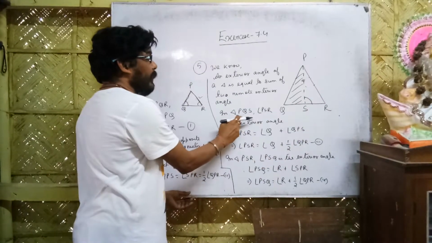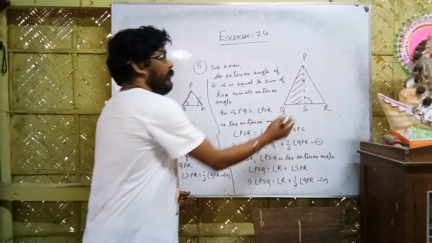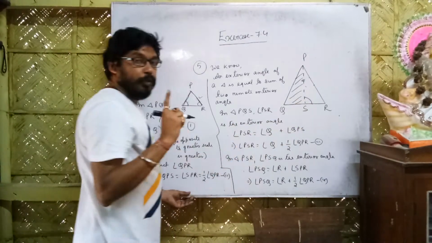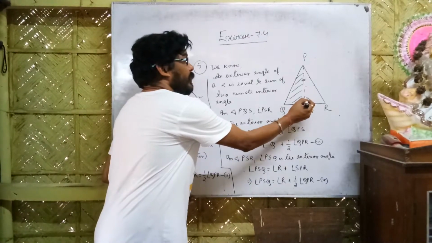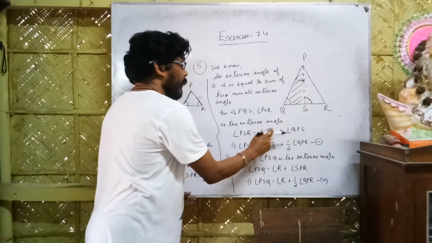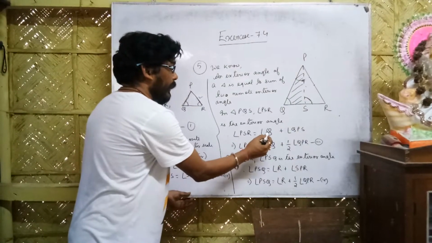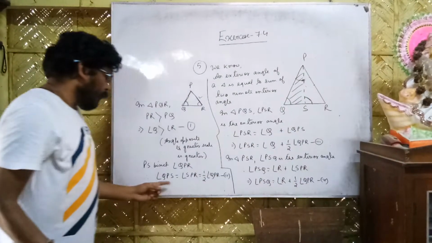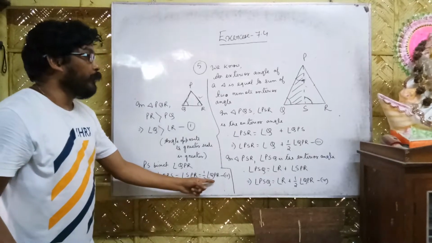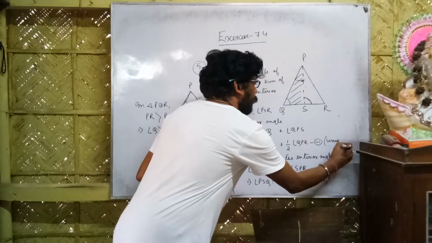In triangle PQS, angle PSR is the exterior angle, so it is equal to the sum of the two remote interior angles. Remote means this and this: angle Q and angle QPS. So PSR equals angle Q plus QPS, which is half of angle QPR. You can write this in brackets using 2.